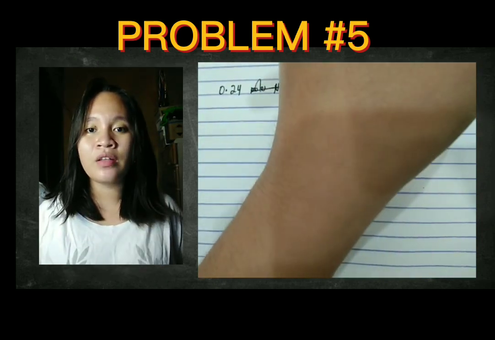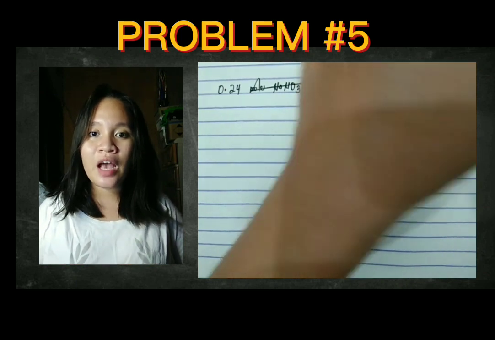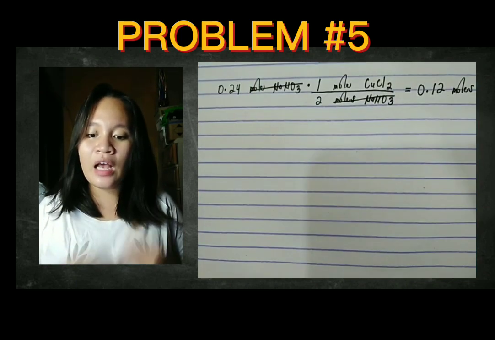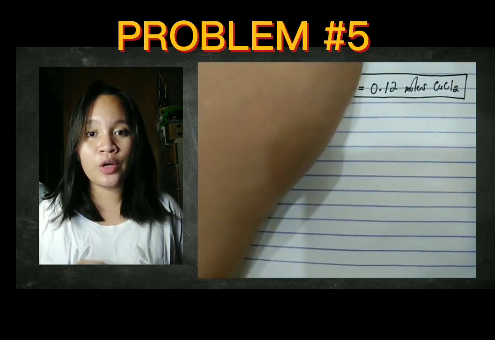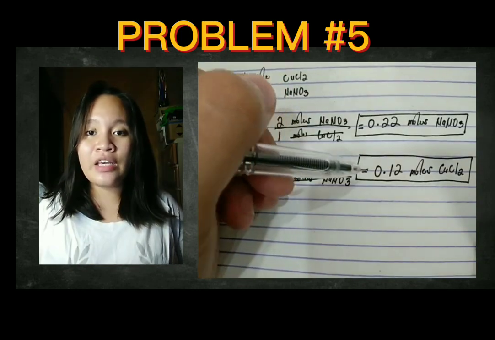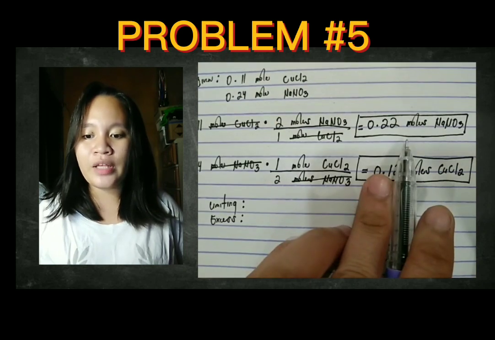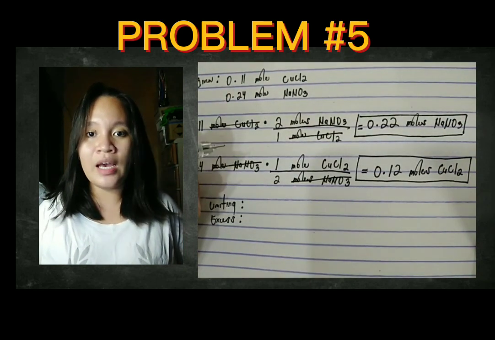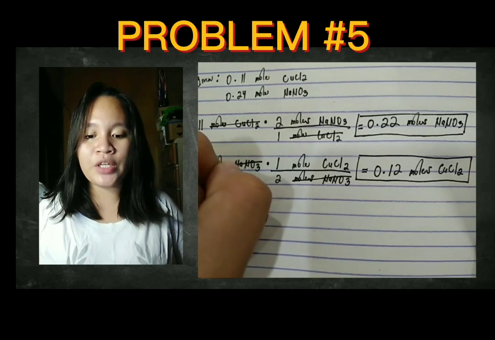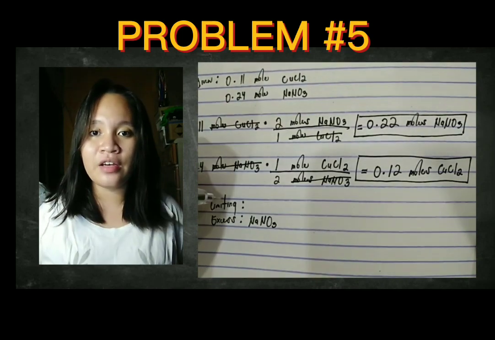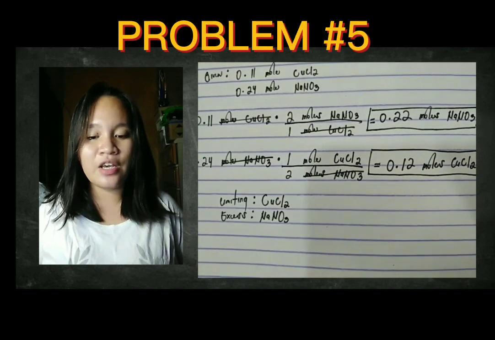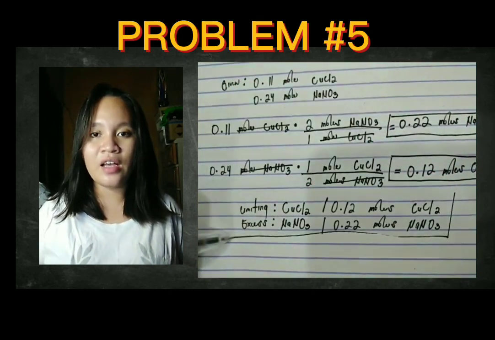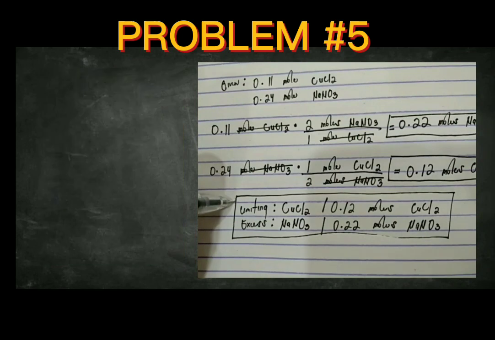On the other hand, learners, we need 0.12 moles of copper chloride, but the given is 0.11 moles only. So in short, the limiting reactant here is the copper chloride and the excess here is the sodium nitrate.